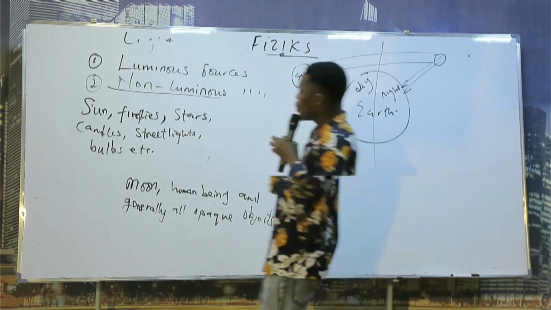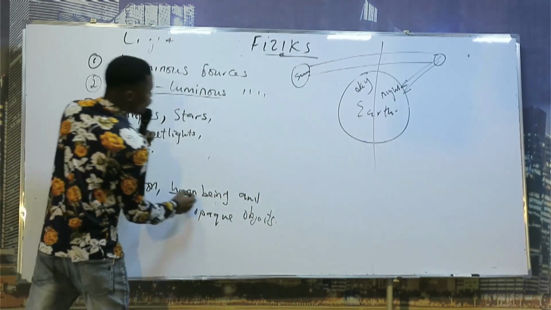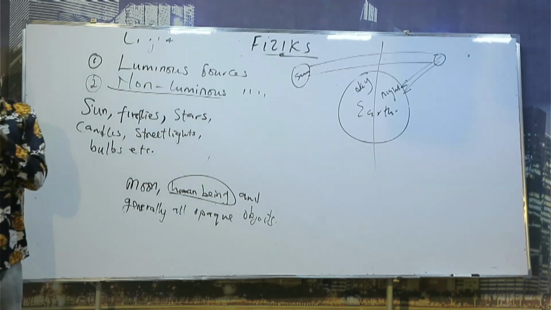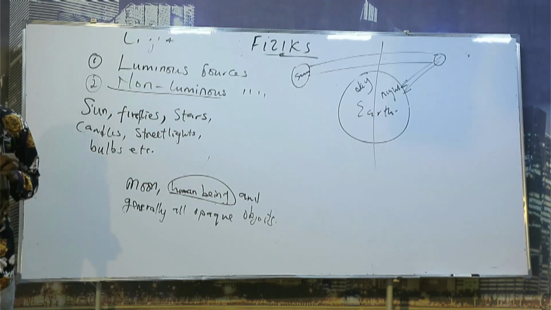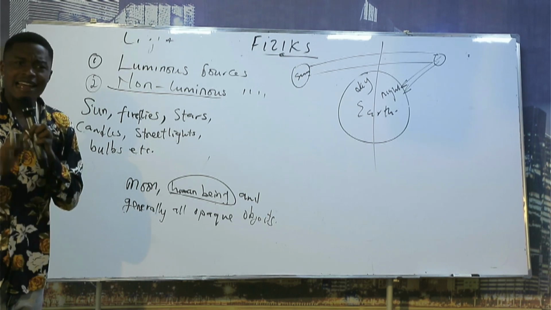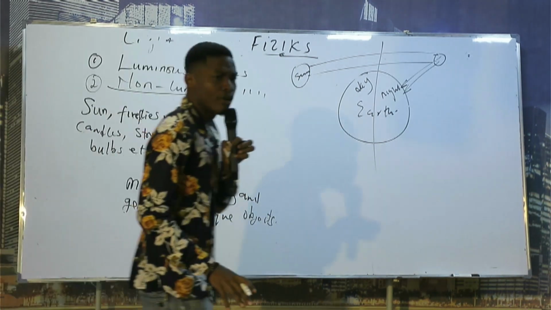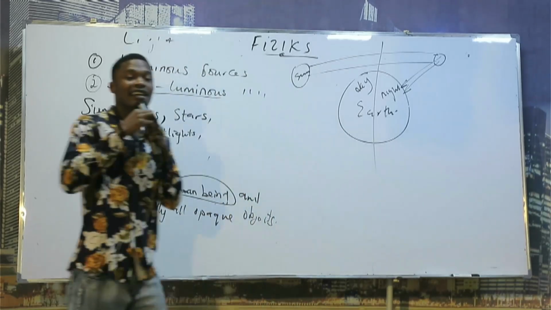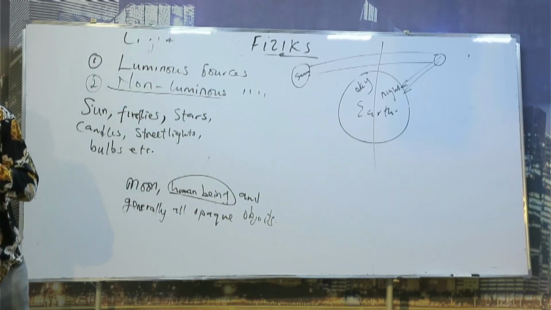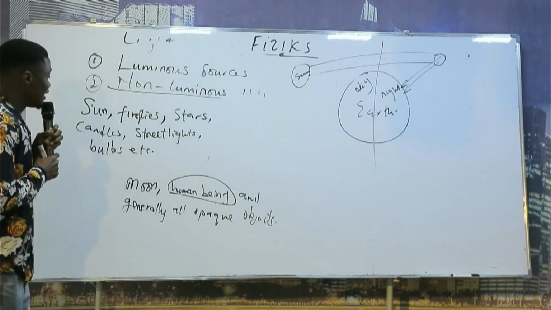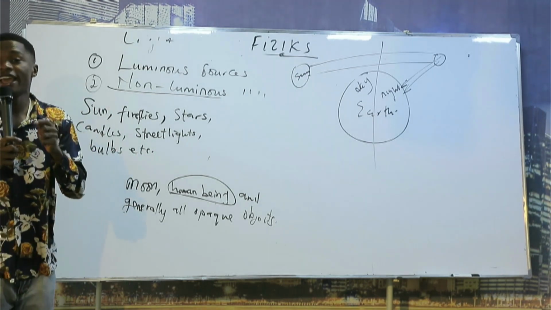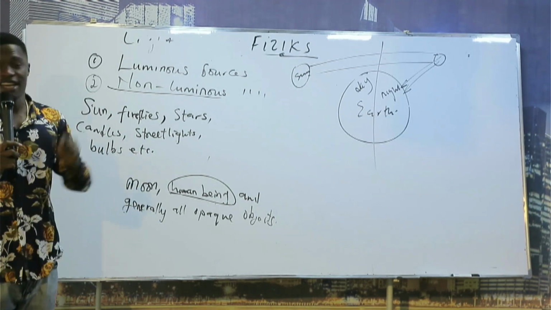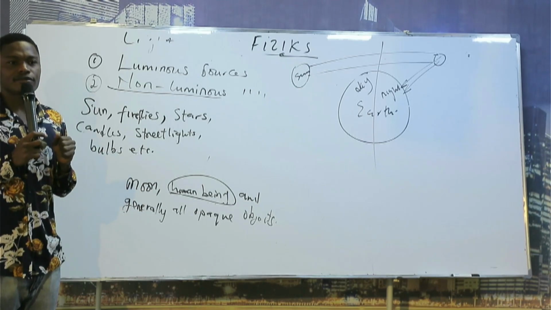Good. So, what else? We have human beings. Human beings don't emit light. Do you see anybody emitting light? Even though the Bible says we are the light of the world, it is not the bulb lights. It is not that one.